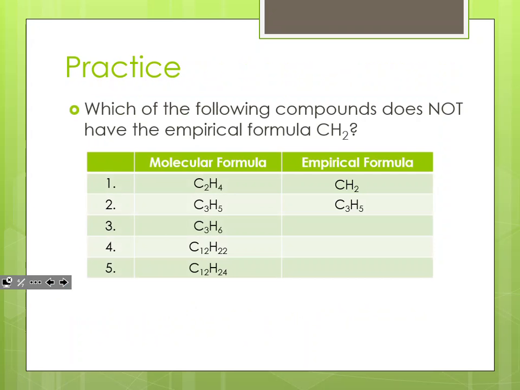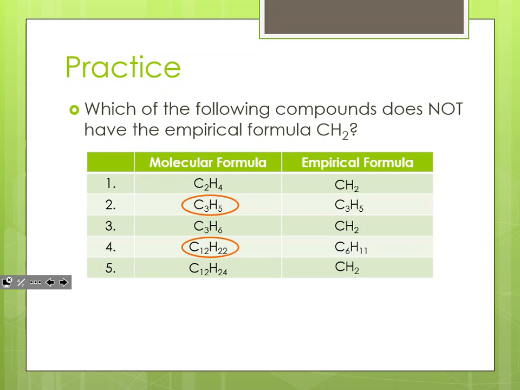The next one, the common factor in 3 is a 3, so yes, it reduces down to CH2. The common factor between 12 and 22 for number 4 is going to be a 2, so it goes to C6H11. And last but not least, the C12H24 will also reduce to CH2 because the common factor would be 12 there. So the ones we would circle would be number 2 because that one did not come out to being CH2, and also number 4 because that one did not reduce down to CH2.